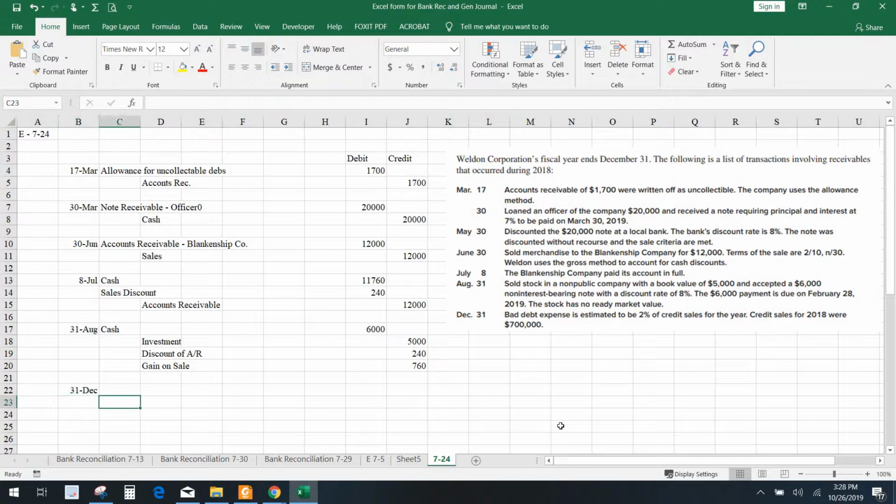And then the last final transaction, bad debt expense is estimated to be 2% of credit sales for the year. Credit sales for 2018 were 700,000.